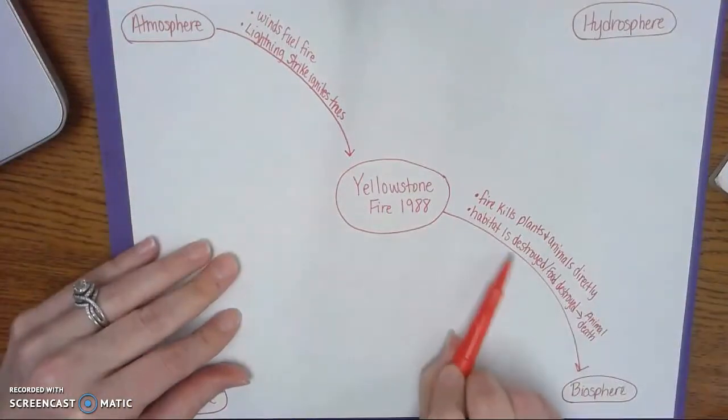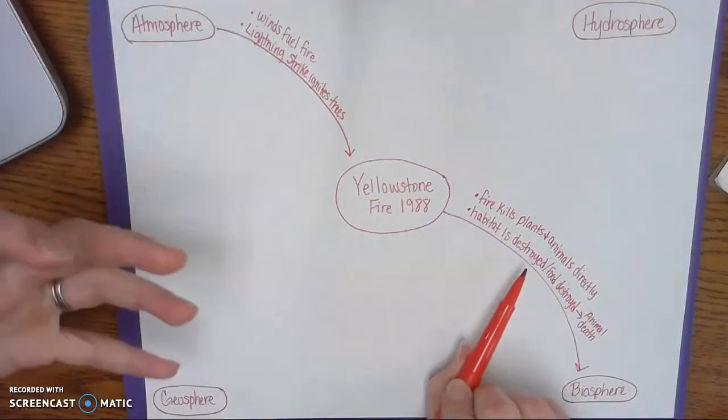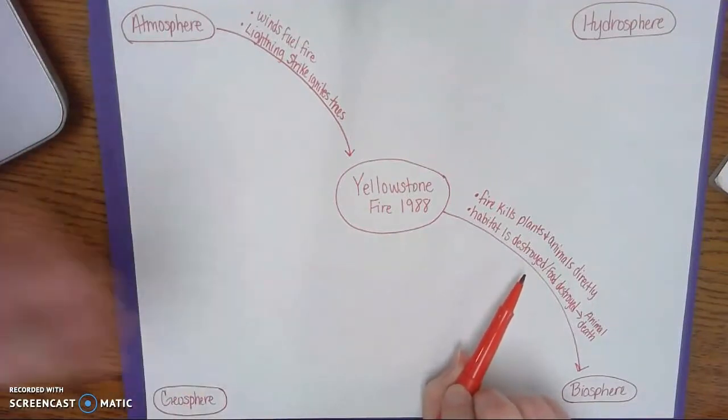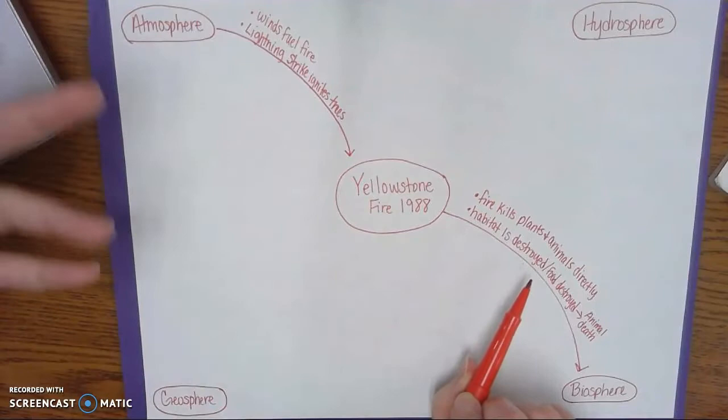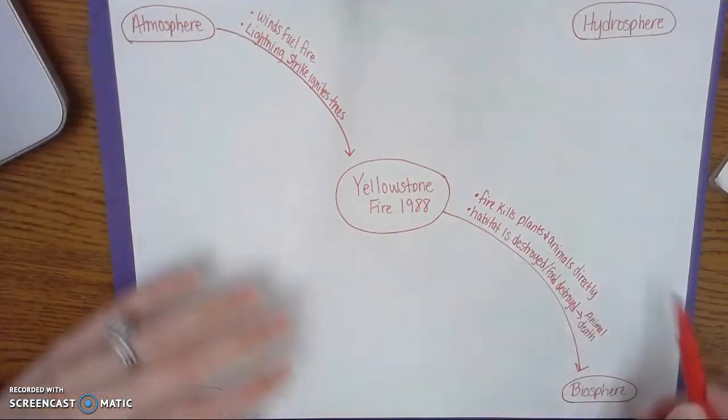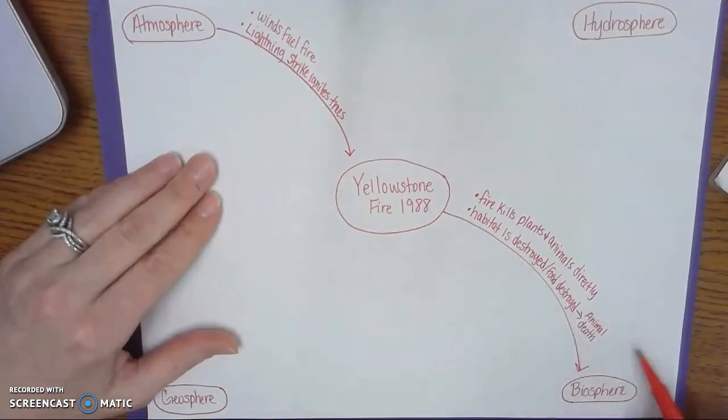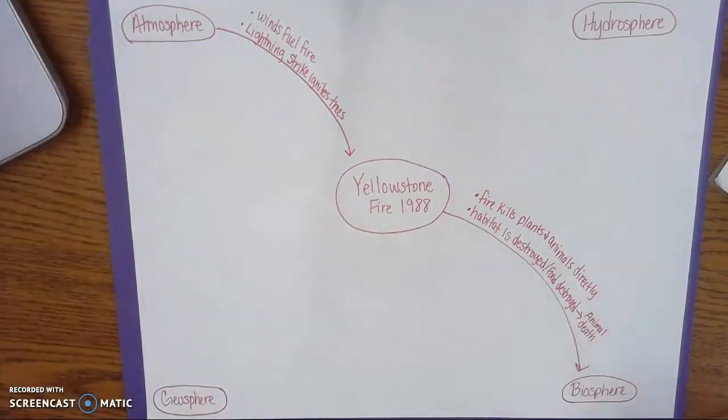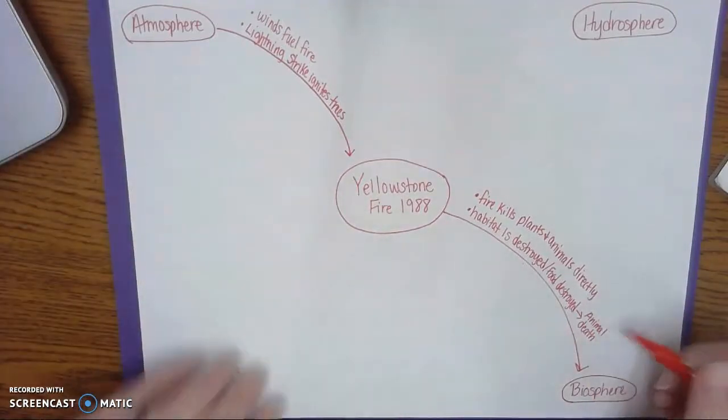Or if their habitat is destroyed, now they're going to be available for predators to come in, and they're going to be food for other predators. And so you've got a lot of animal death coming on from these delayed secondary effects.